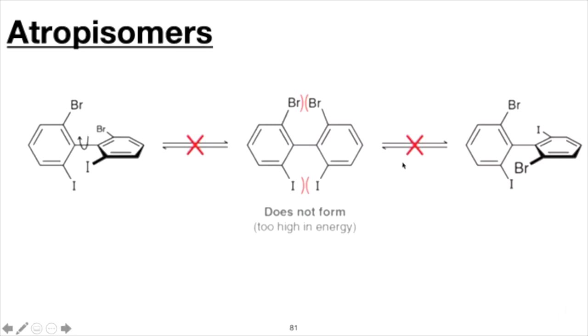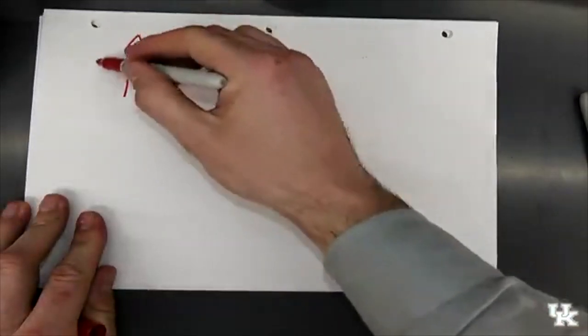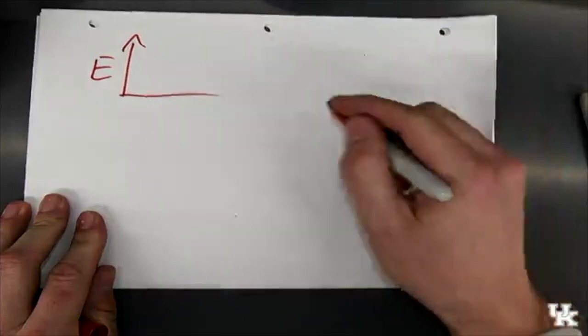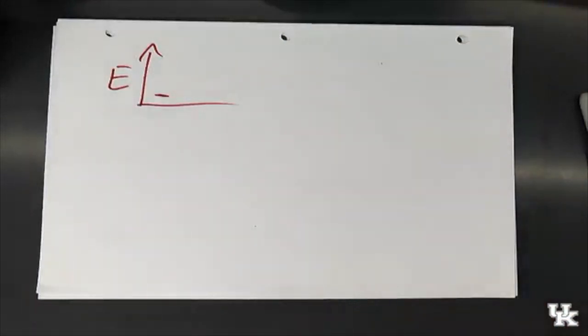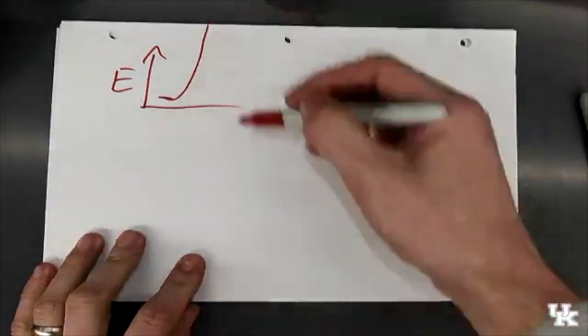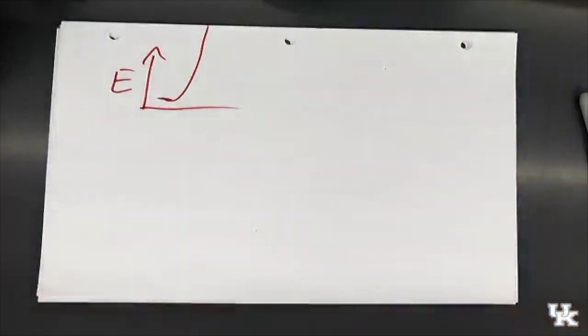These substituents here on the top, the bromines and the iodines, are so physically large that you cannot get across them. If we were to make a conformational analysis of this molecule, where energy is increasing, and we started at that perpendicular state on the left, getting across would fly off the paper, and you wouldn't actually see the energy that it would take, because it's not really possible.